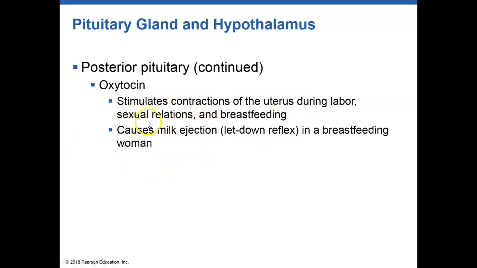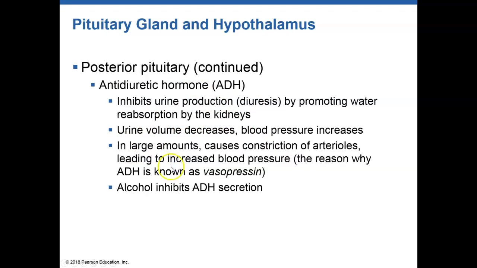Oxytocin stimulates contractions during labor and pregnancy and causes milk ejection, or that let-down reflex, in women as well. Antidiuretic hormone inhibits urine production, so it promotes water absorption by producing more aquaporins. This allows us to decrease the amount of water we lose, especially if our body is getting dehydrated.